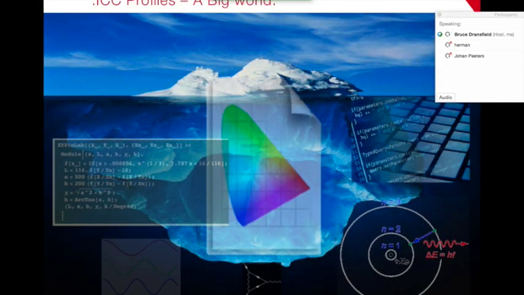The ICC world is a very, very big world. Over 20 odd years, if not longer, it's been in development. It has a grounding in quantum physics with some very difficult ideas around colour, and is also formulaic and eventually becomes a program.